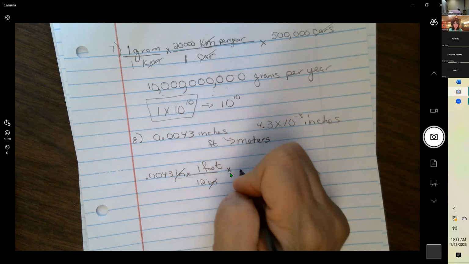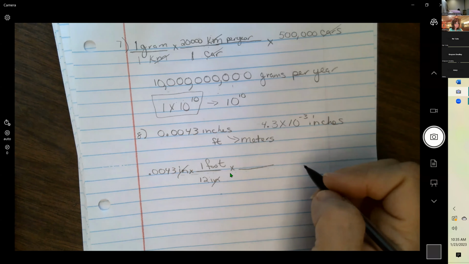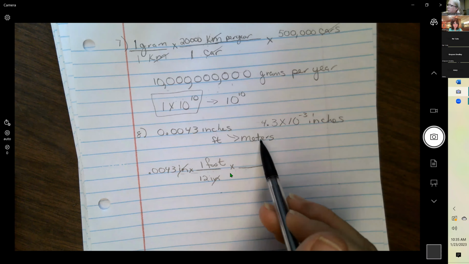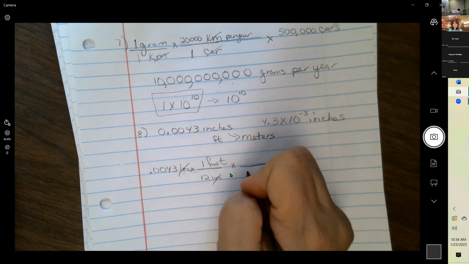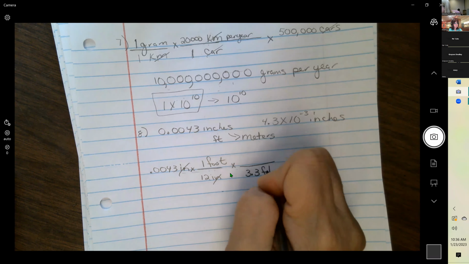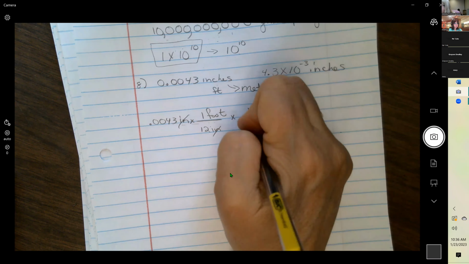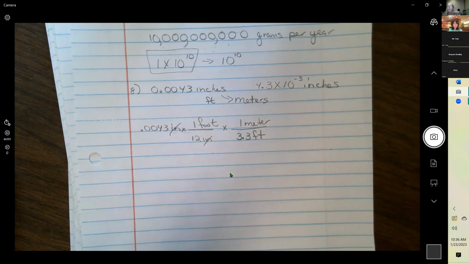And then we know, if you think of a yardstick, a meter is almost a yardstick. It is 3.3 feet is 1 meter. So it's a little bit larger than a yard.